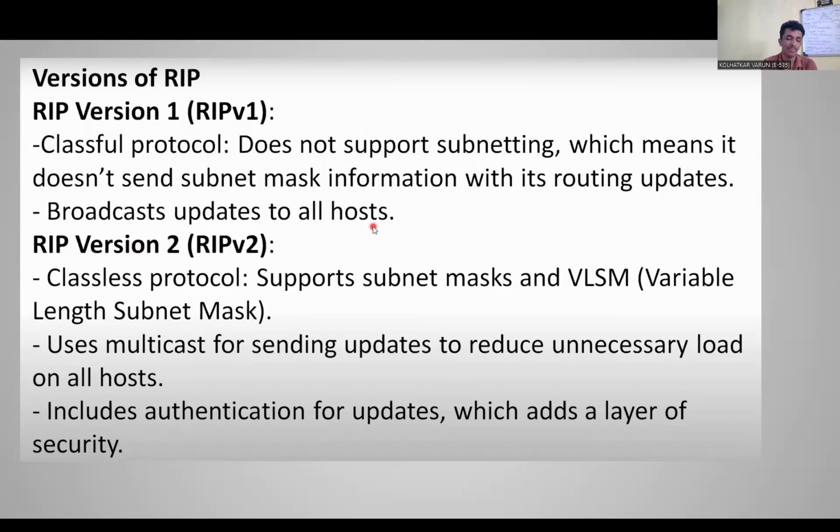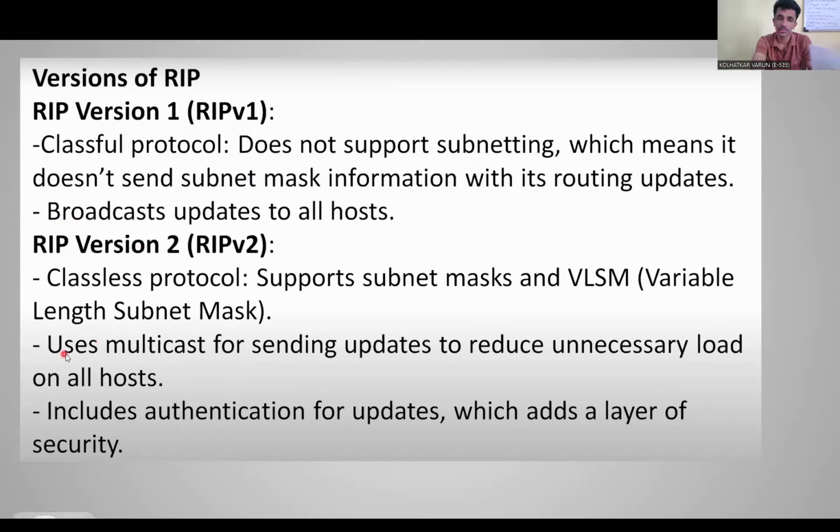So again, RIP version 2 is a classless protocol, and it supports subnet mask, as I said to you. And one of the main features of RIP version 2 is having access to security.